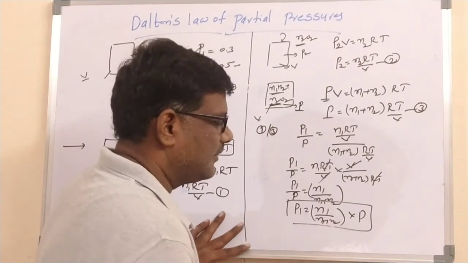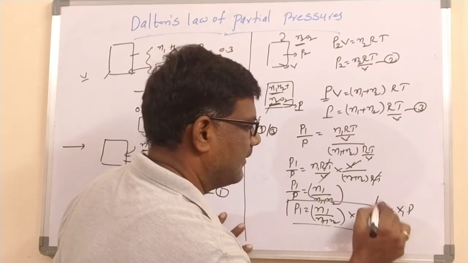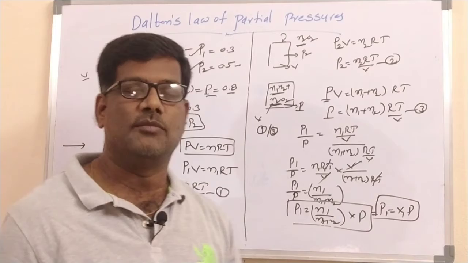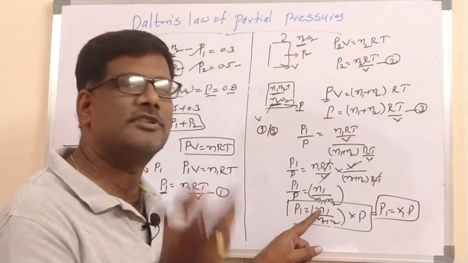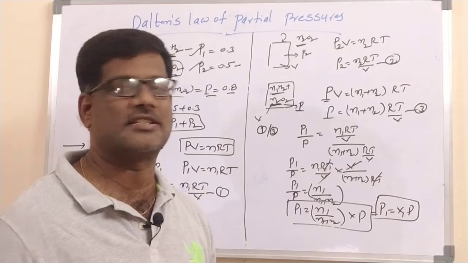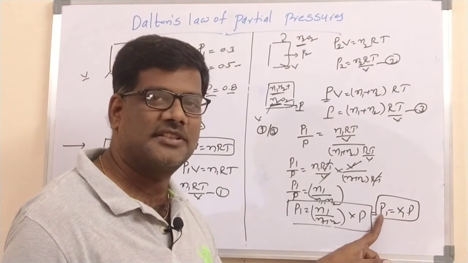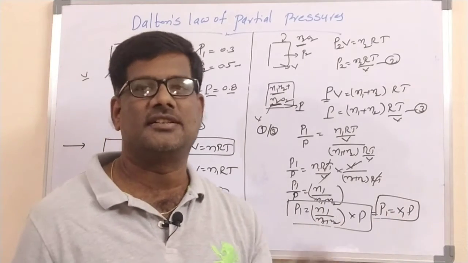Here N1 by N1 plus N2 is given as X1, where X1 is called the mole fraction of the first gas. What is the mole fraction of the first gas? The number of moles of the first gas by the total moles is called the mole fraction. Ultimately, in order to calculate the partial pressure, we have to multiply the total pressure with the mole fraction of the first gas.